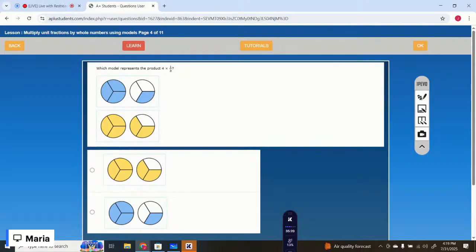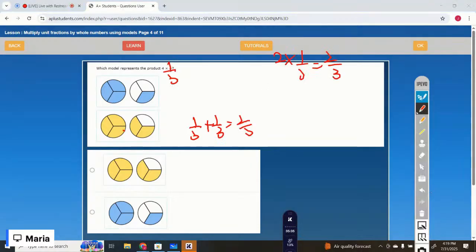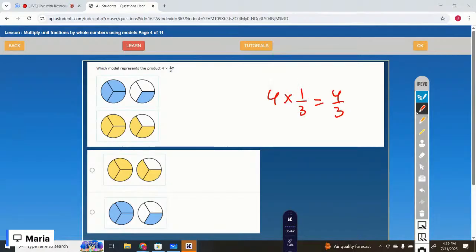Which model represents the product 4 times 1 by 3? So 4 times 1 by 3 is 4 over 3. So 1, 2, 3, 4.